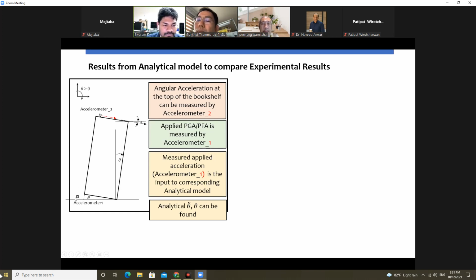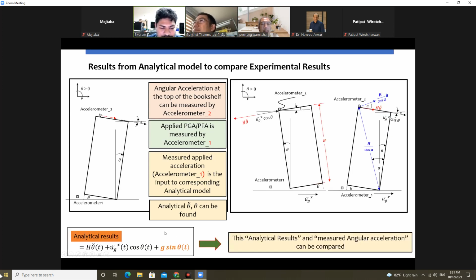We input the measured acceleration of accelerometer 1 to our analytical model and simulate the response for accelerometer 2. Then we compare it with the measured accelerometer 2.